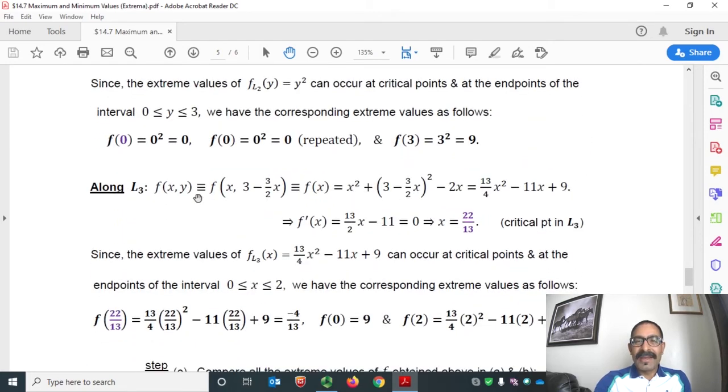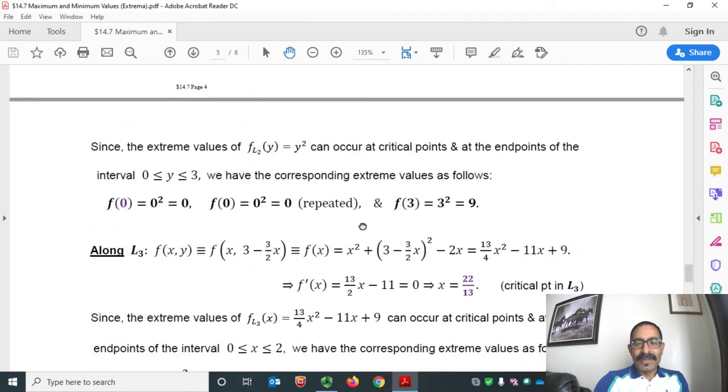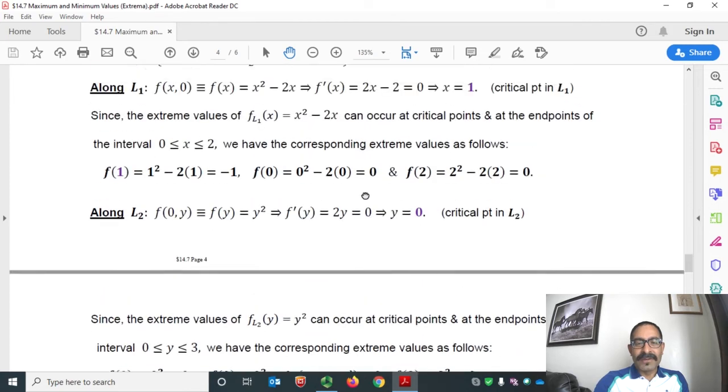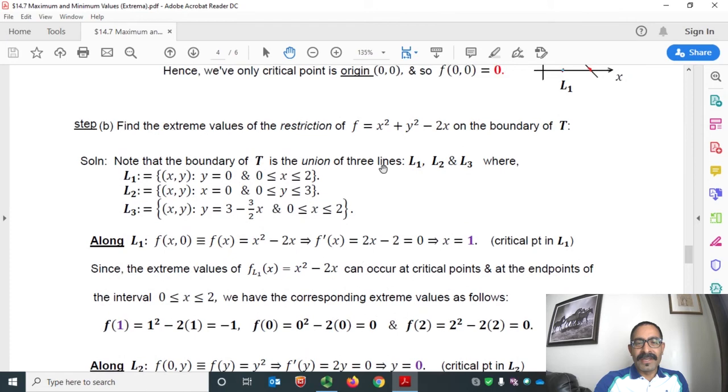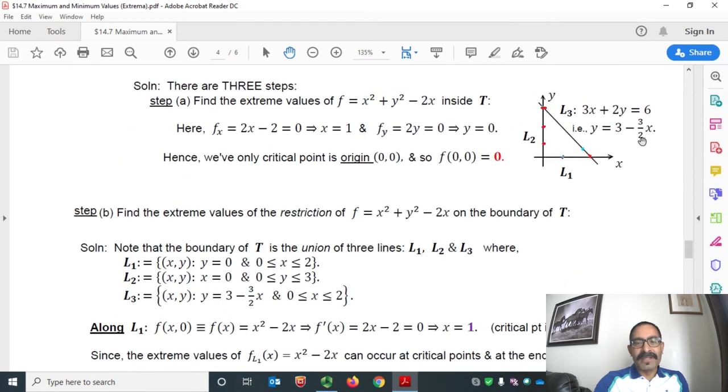So here f(x, y) turns out to be f(x, 3 minus 3/2 x). So this is again a function of x. Here I'm putting this value into our function: I put y equals 3 minus 3/2 x, then square it, and then minus 2x. Great.